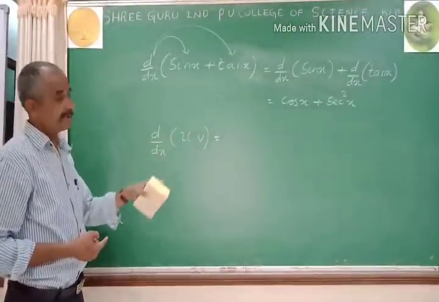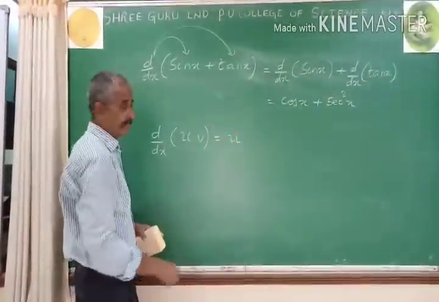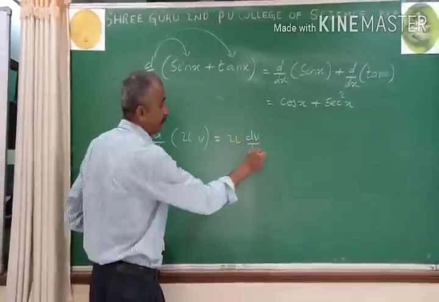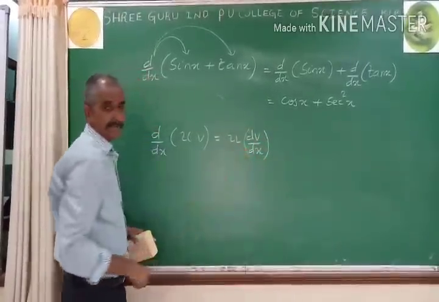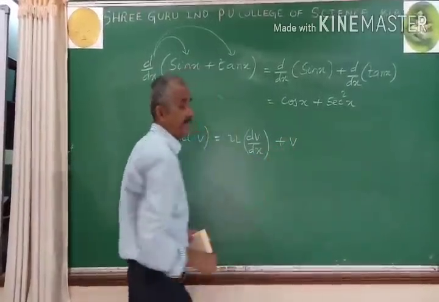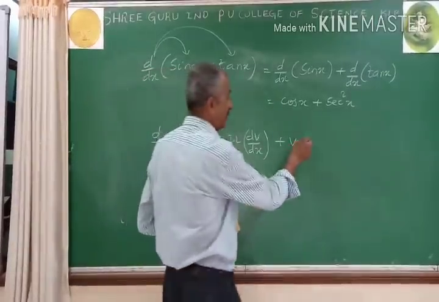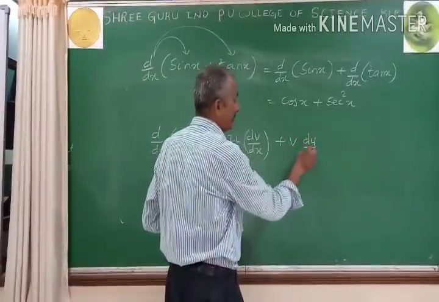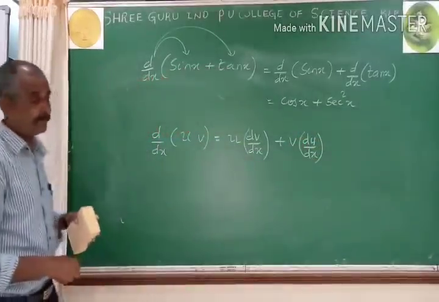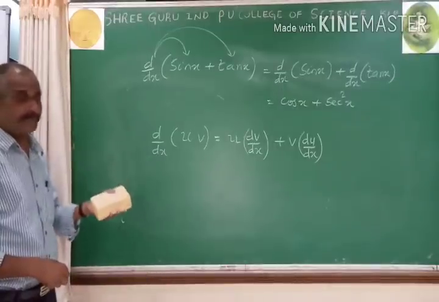The rule is given by keep u function as it is multiplied by derivative of v function, that is u into dv by dx, plus now keep v function as it is multiplied by derivative of u function, namely du by dx, which is called as the differentiation of product of two functions, also called as product rule of differentiation.